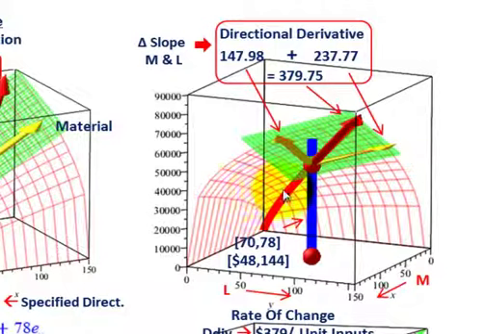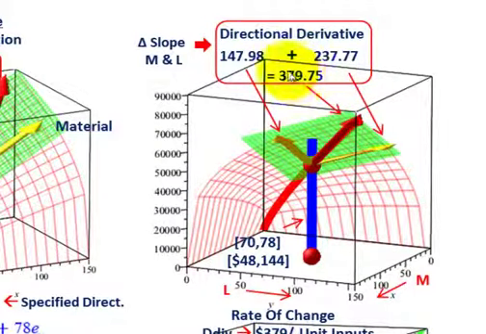Back to our production function, looking from the underside. This is the bottom side of our directional derivative, or that tangent plane at that point. Again, that's the directional derivative. You can see from the underside, this was 147 for our labor, plus 237 for our material. Add those together and you get our directional derivative.